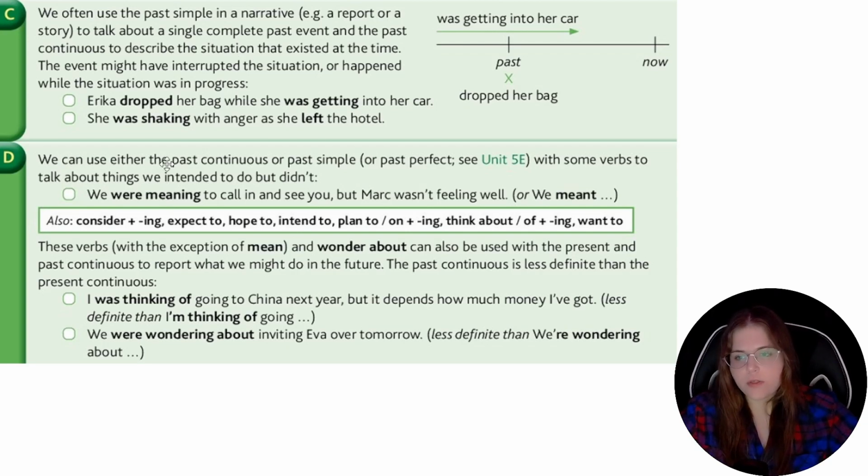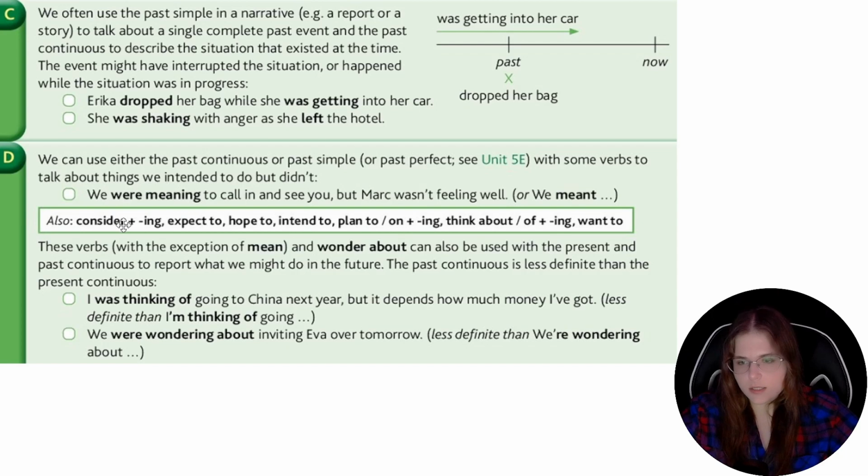We can use either the past continuous or past simple or past perfect with some verbs to talk about things we intended to do but didn't. We were meaning to call in and see you, but Mark wasn't feeling well, or we meant.